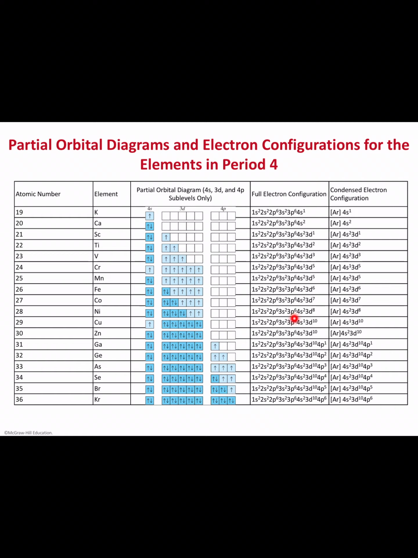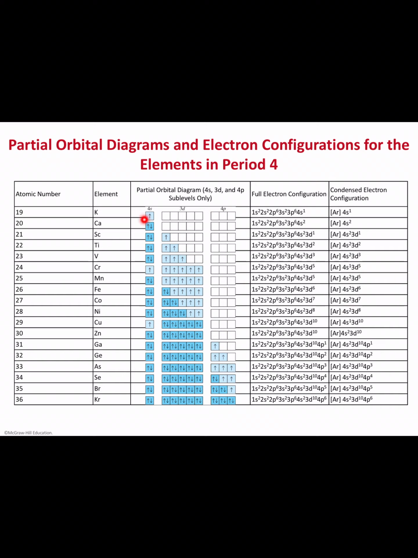That is 18. Argon is 18. So what's left is 4s2, 3d8. That's going to be the partial orbital configuration. And then the condensed would be argon and then the 4s2, 3d8. So that's what you are seeing here in the condensed electron configuration.